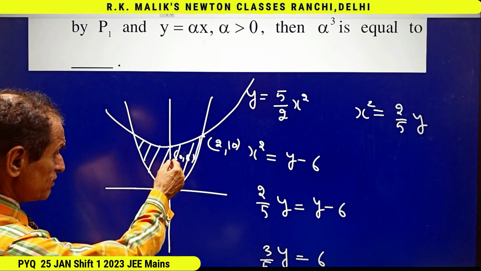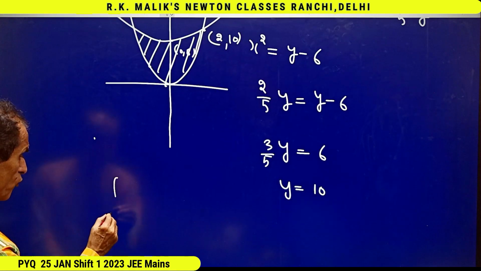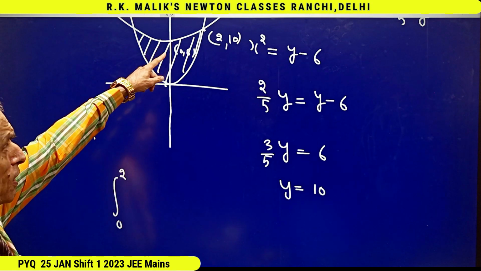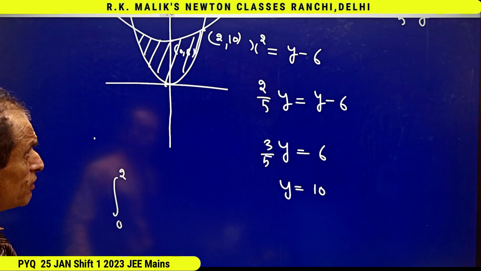To find this area, it's clear that we'll be integrating from 0 to 2, upper curve minus lower curve.